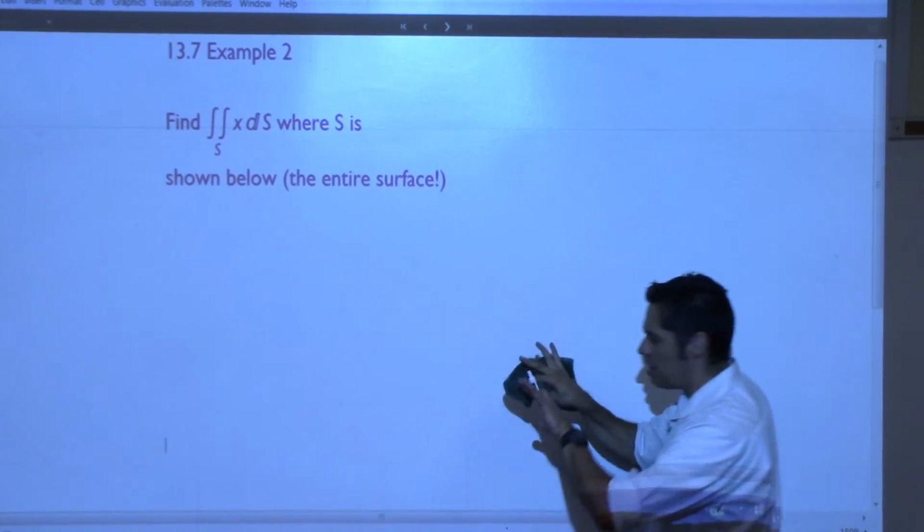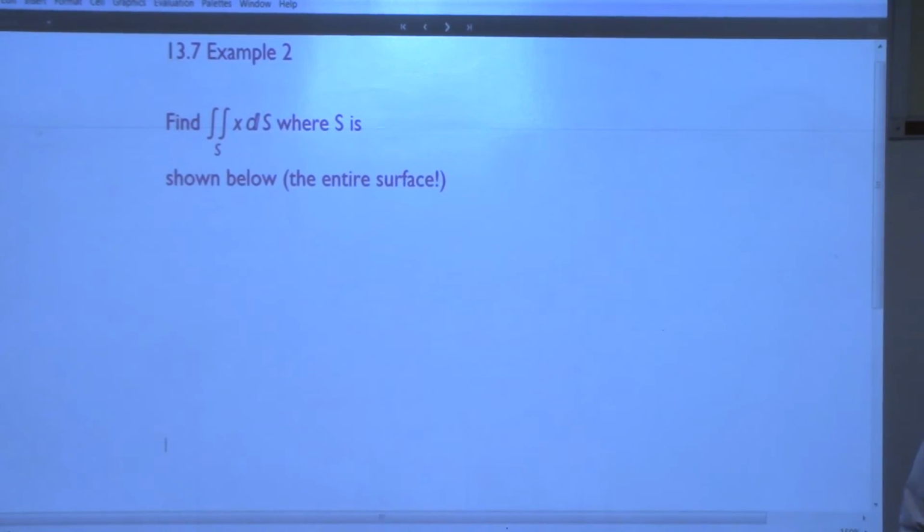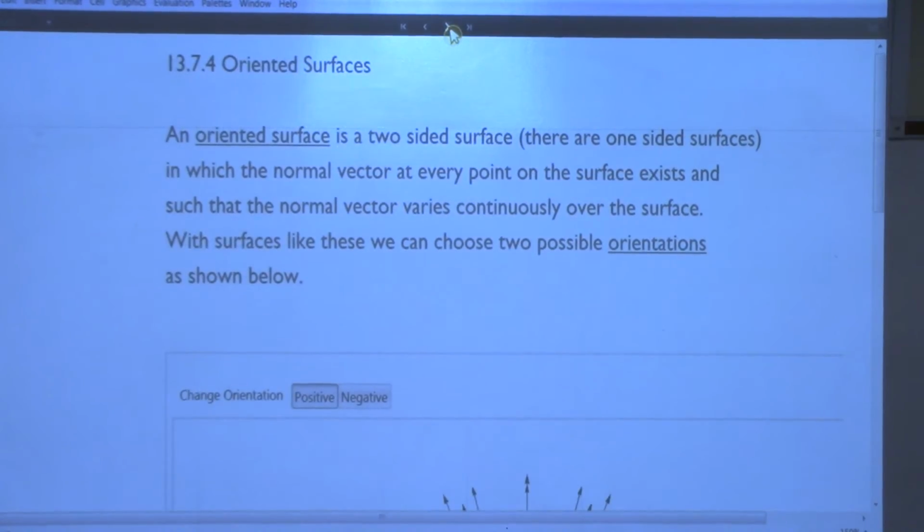Even if those surfaces come around each other and close in a solid, that's fine. All right, we're going to move on.